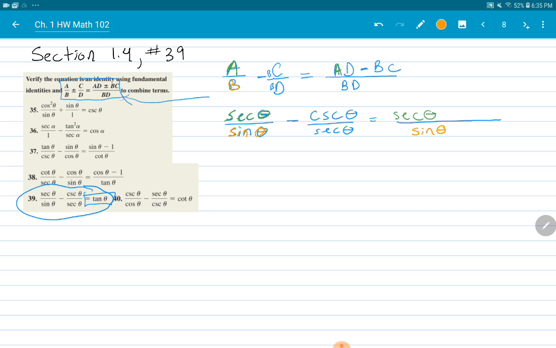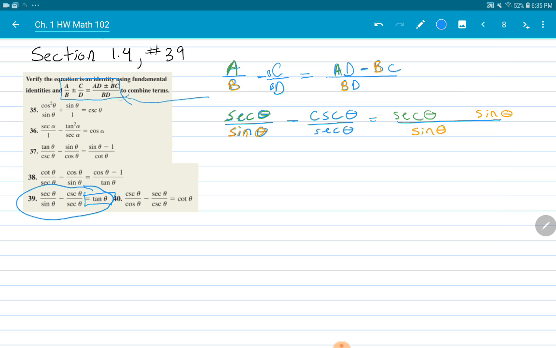And on the right hand side, B is over here and here. And we have a subtraction sign.